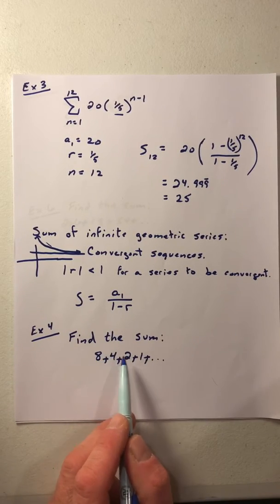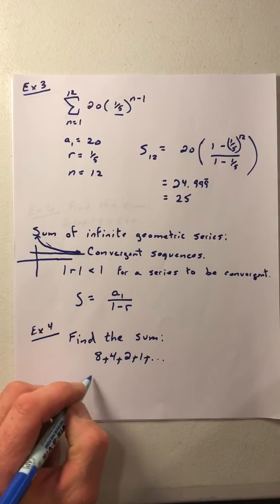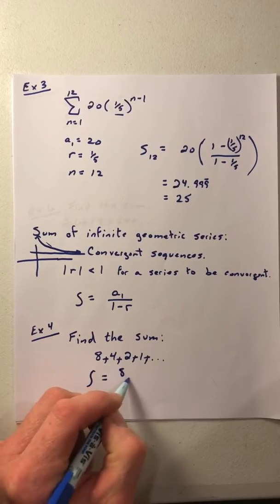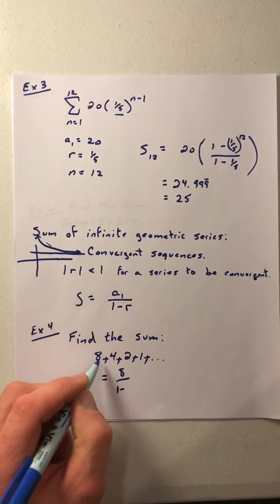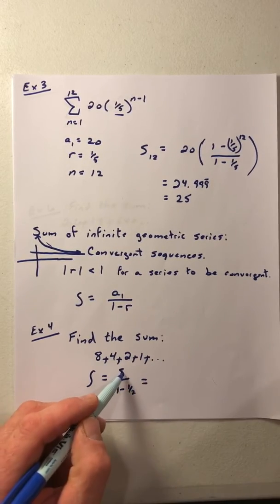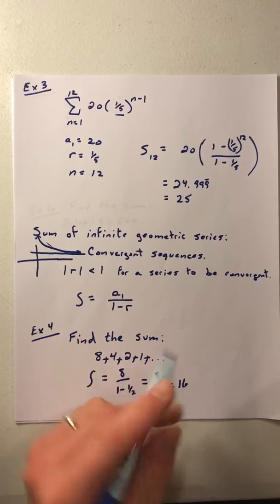If we have 8 plus 4 plus 2 plus 1 plus so on and so forth, the summation is going to equal the first term, which is 8, divided by 1 minus, the common ratio here is 1/2. So we take 8 divided by 1/2, which gives us 16.